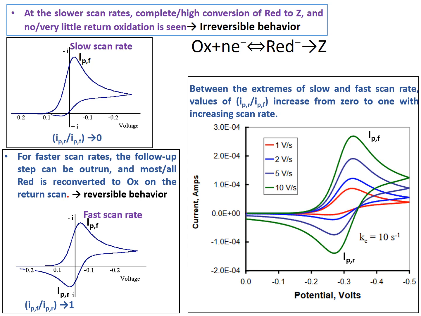Here the rate constant value is 10 per second, and you can see the cyclic voltammetry analysis at different scan rates from 1 volt per second to 10 volt per second. Now with increasing scan rate, definitely the peak current will increase. This is because increasing scan rate means the thickness of the diffusion layer is very small. That is why you can expect an increase in peak current.